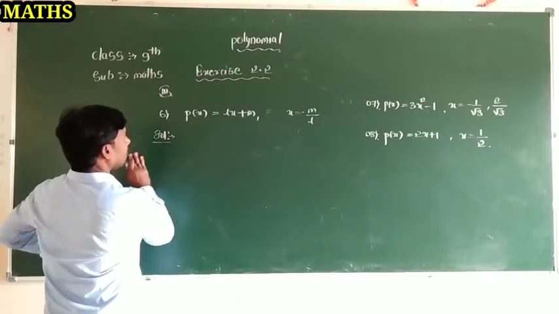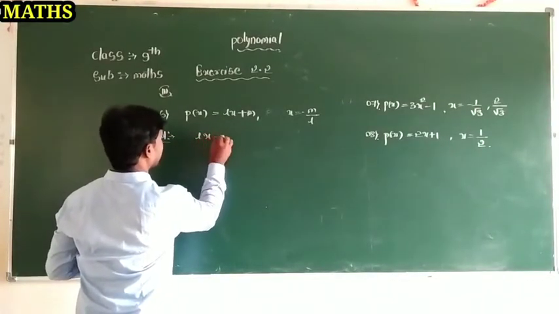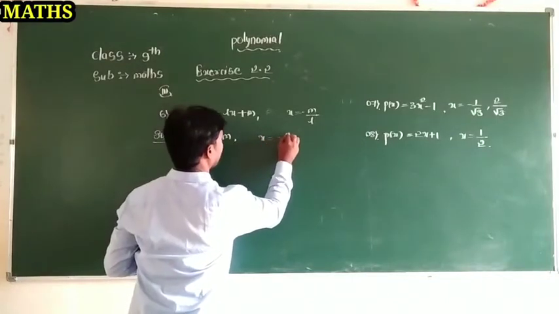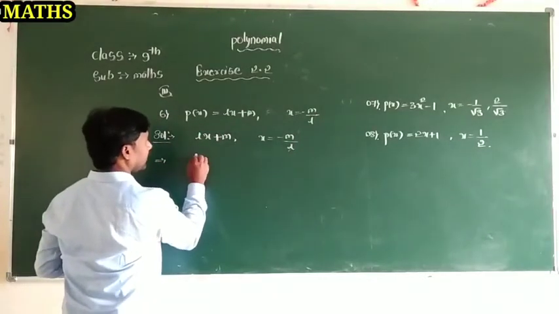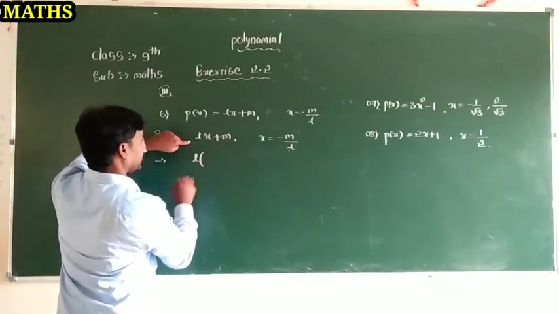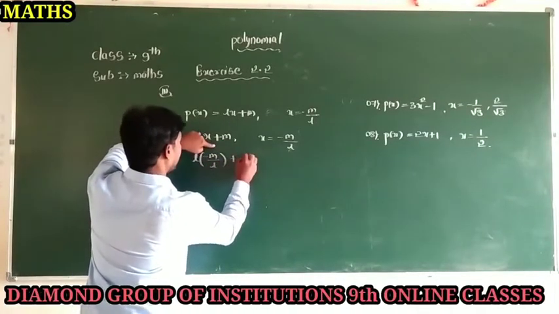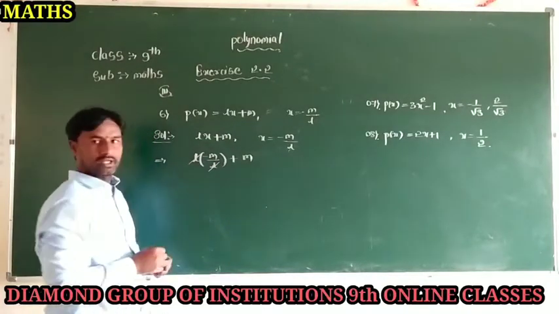Solution. So look here, the polynomial is lx plus m, and already he has given x value is equal to minus m upon l. So now here l and the x value, you should take in brackets, minus m upon l, and plus m is there. We are doing the multiplication, dear students. This l gets cancelled.